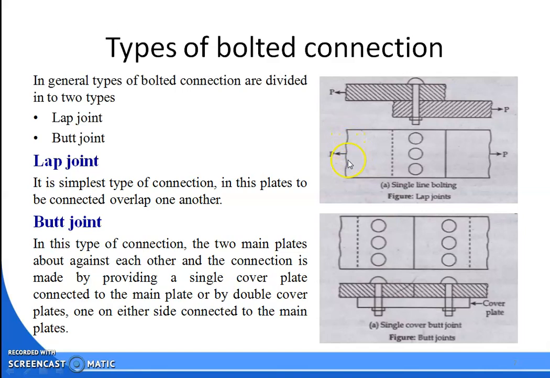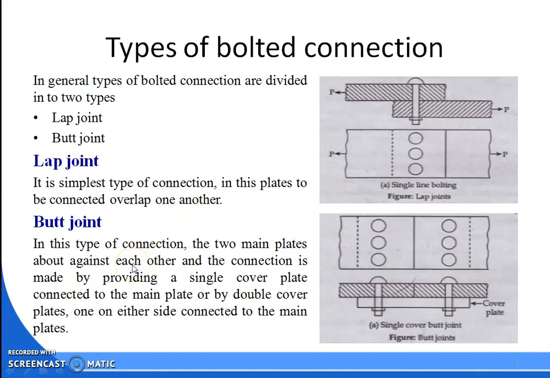From this point to this point it is one plate, and this dotted line represents the connection. It is another plate, subjected to a tensile loading condition, and 3 bolts are provided here. Okay, so these two plates are connected by an overlapping joint or overlapping connection, which is known as a lap joint or lap connection.